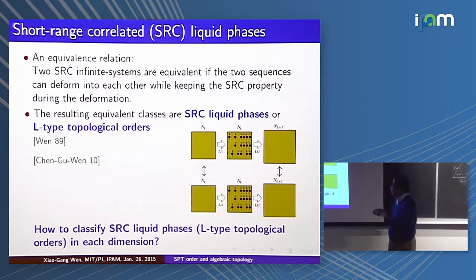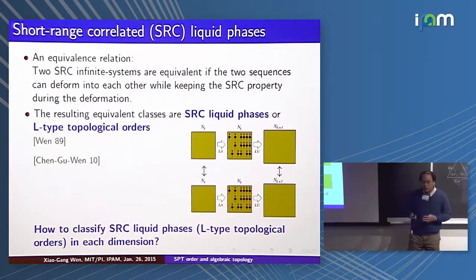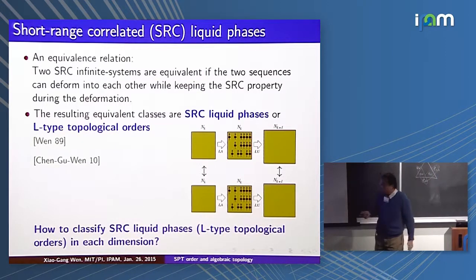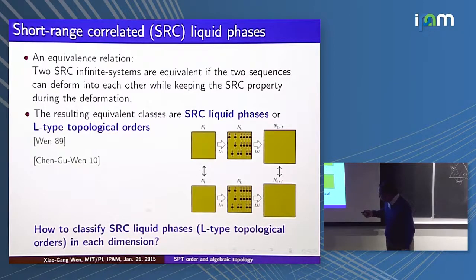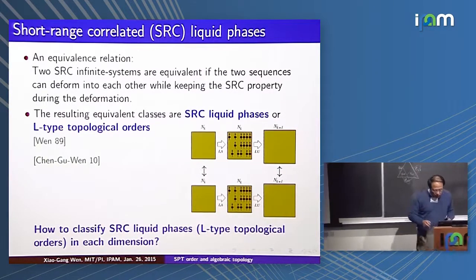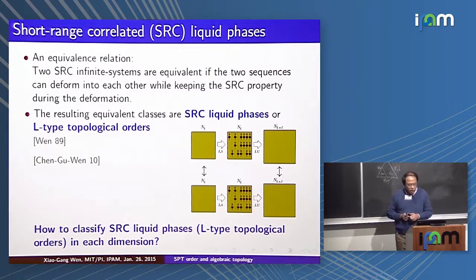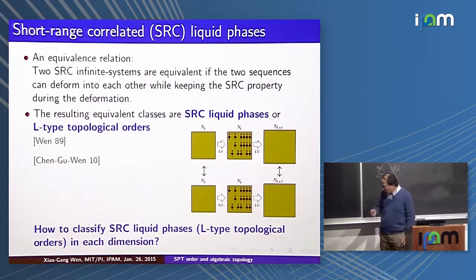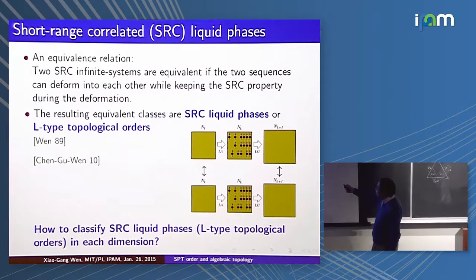So apparently some kind of higher category theory is involved, and maybe some kind of higher category theory happens to describe the classification of this kind of object. And this really defines the so-called short-range correlated liquid phase. Here let me explain what I mean by liquid.